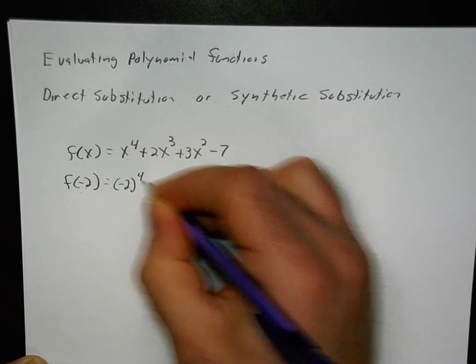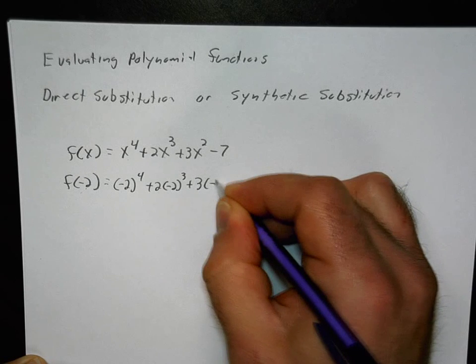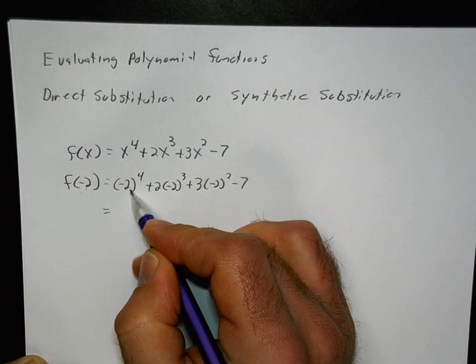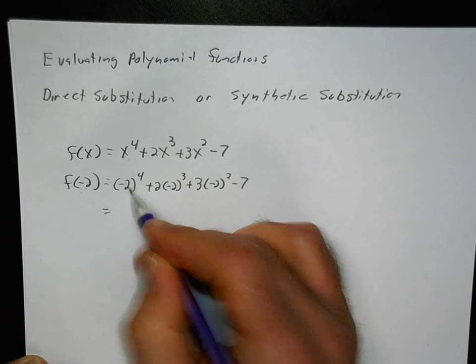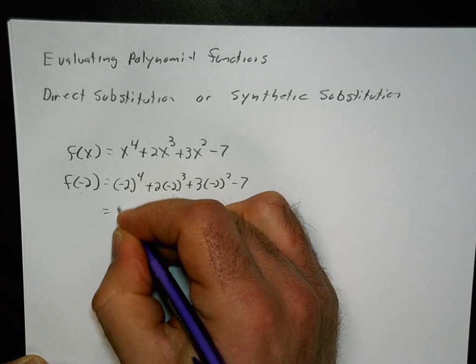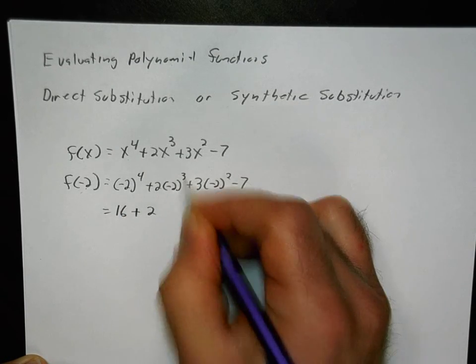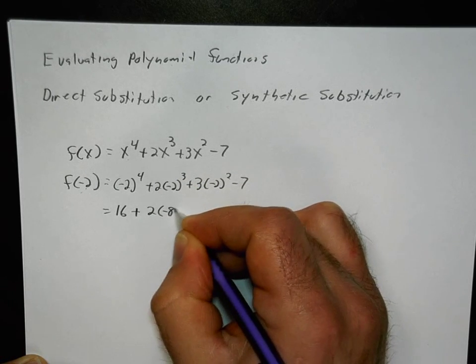Okay, so let's plug -2 and see what we get. -2 to the 4th, 2 times -2 to the 3rd. Okay, so -2 to the 4th would be -2 times -2 times -2 times -2. So that would be 16, I believe. -2 cubed would be -2 times -2 times -2 is -8.